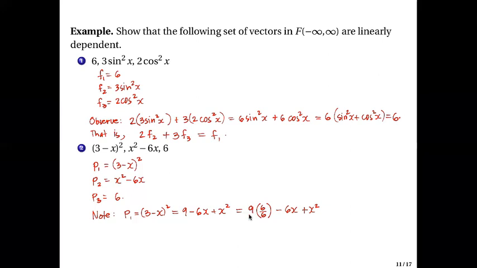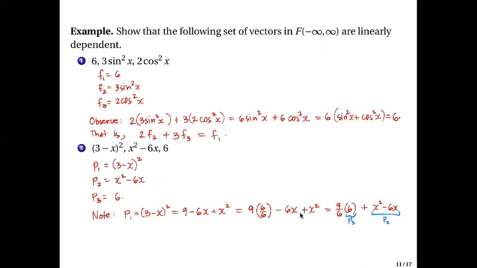So if we rewrite this, we will get 9 over 6 times 6, and then for this guy, I'll just rewrite plus x squared minus 6x. But this guy here is your P3, and this guy here is your P2.